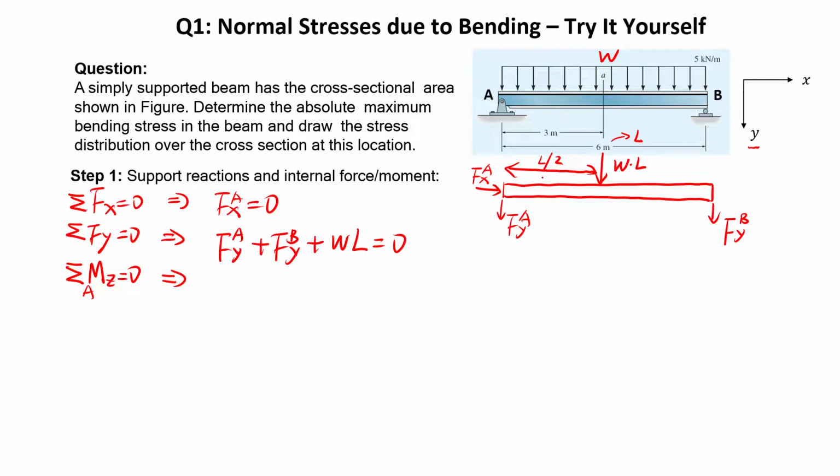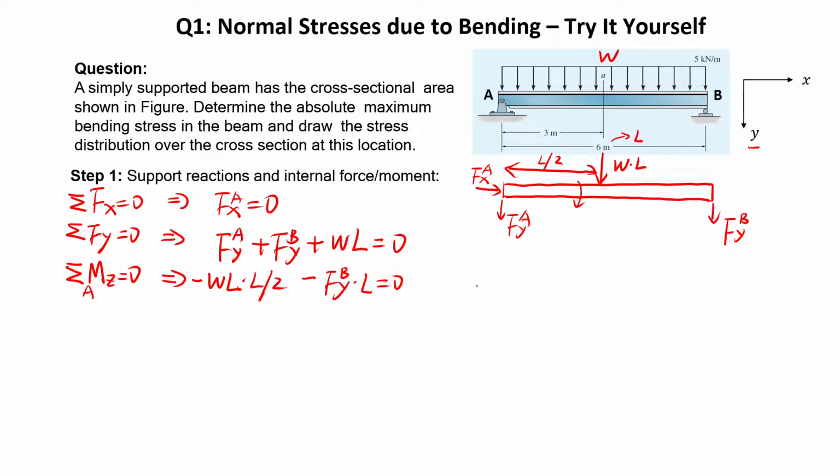The moment for this case should be the concentrated load here, W L, times the distance, half L. And there's another force here, because this force tries to push the beam moving clockwise, so there's a minus sign here, and similarly here there's a minus sign for Fyb times the total distance L, equal to 0.